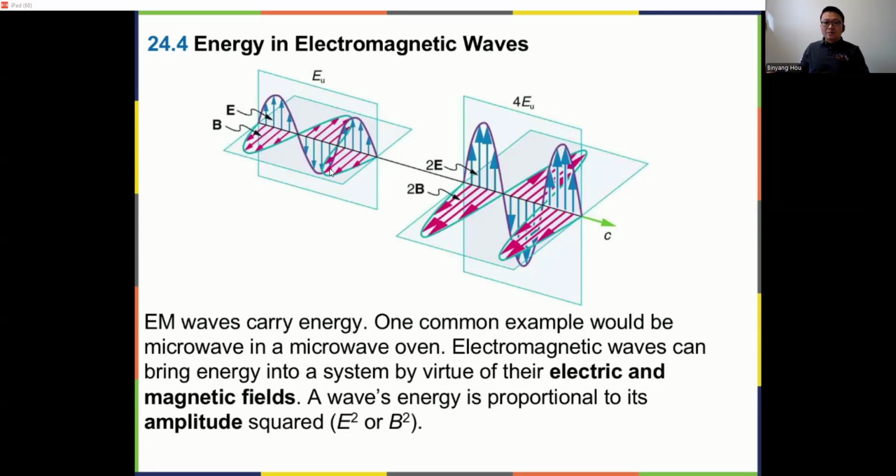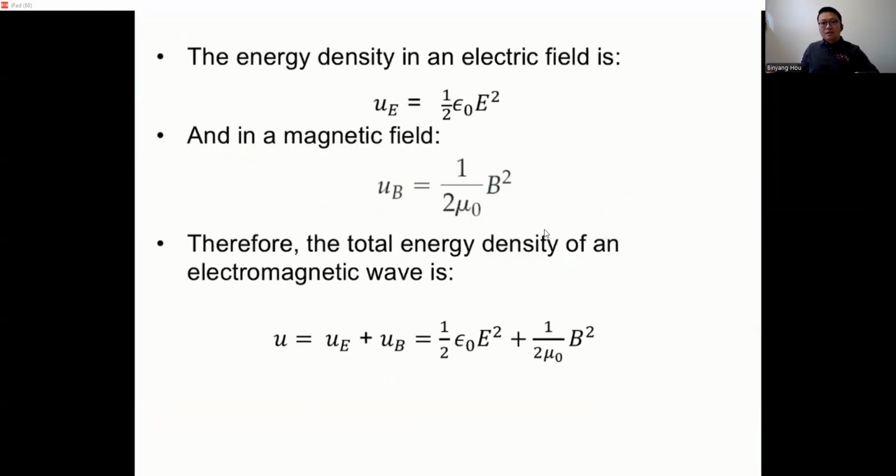Energy density is proportional to the field squared, E squared or B squared. So if the magnitude of the electric field or magnetic field doubles, then the energy will quadruple.